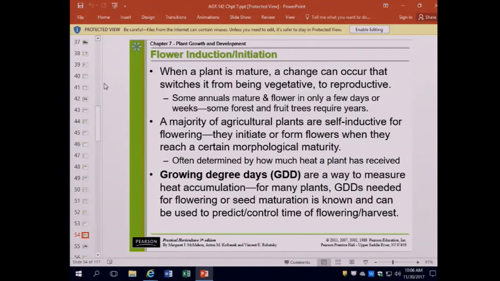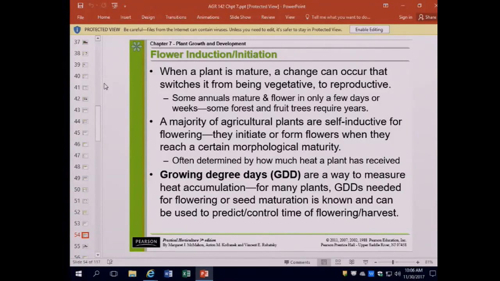Now, assume we have a cool spell come in and the average temperature happens to be 50, we don't accumulate any growing degree days. So on a daily basis, you can evaluate the average temperature above a given base, and this is established for all sorts of crops, but it gets into a fairly technical method of determining when a given crop is going to mature.